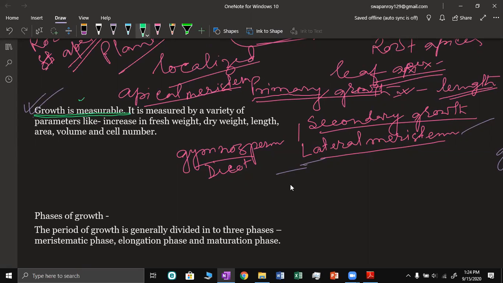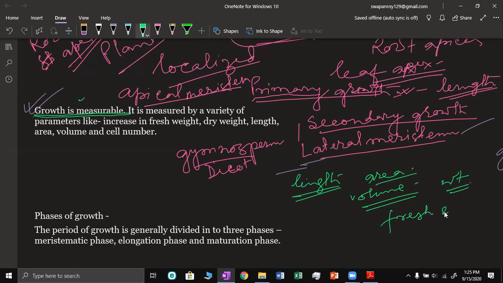So growth is an increase in length, and we can measure it in terms of length, or area covered, in terms of volume, or in terms of weight, the fresh weight or dry weight.